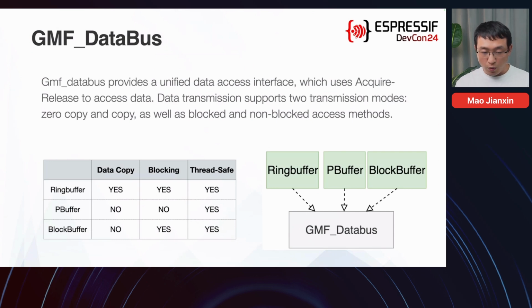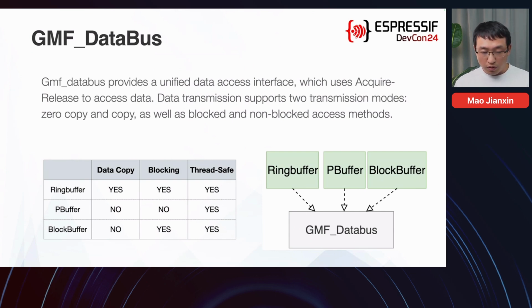GMF databus provides a unified data access interface, which uses acquire and release to access data. Data transmission supports two transmission modes, zero copy and copy, as well as blocking and non-blocking access methods.